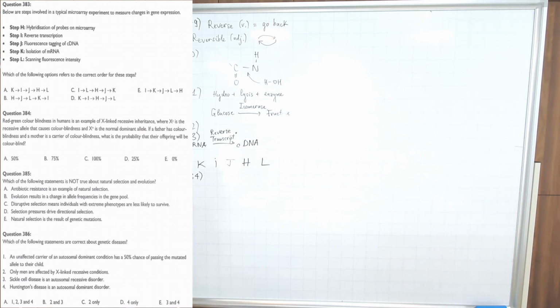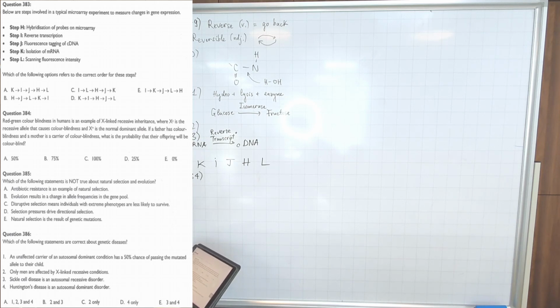Bây giờ mù màu đỏ lục ở con người là một ví dụ của cái gì ta? Inheritance di truyền theo kiểu nhiễm sắc thể giới tính lặn, nơi mà Xc là allele lặn gây ra bệnh mù màu, còn X plus là allele trội bình thường.